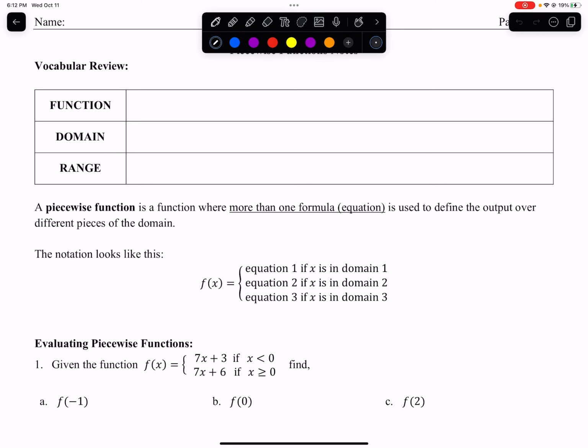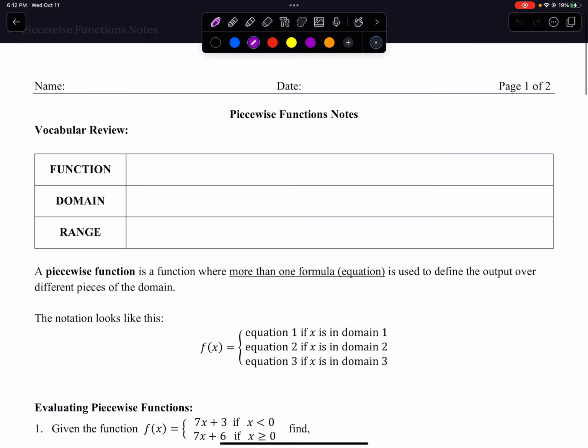Okay, we're going to look at piecewise functions. So, a little vocabulary review. A function is a relation where each input has only one, I should say exactly one, output.